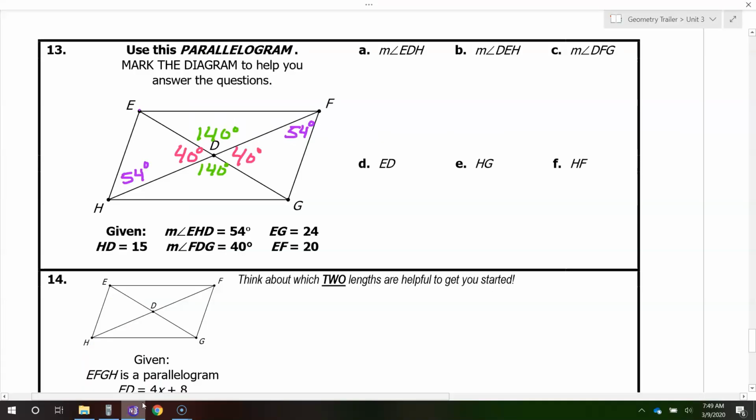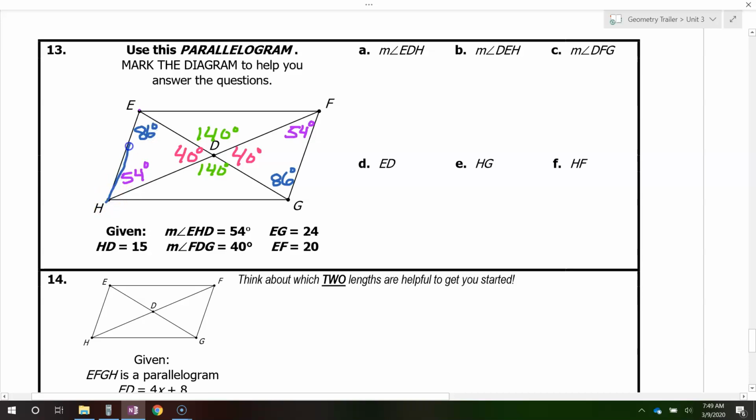So that's 86. This should be 86 degrees. These are the same two numbers that I just subtracted from 180, so of course this will also be 86 degrees.